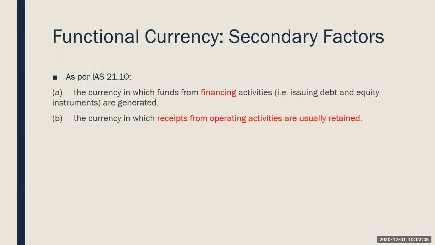If we still have a mixed conclusion, then we should look at additional factors, where these additional factors are applicable in the case of a subsidiary, a branch, an associate, or a joint arrangement.